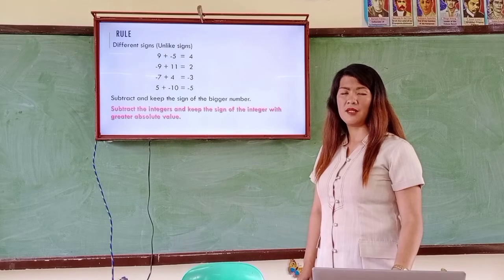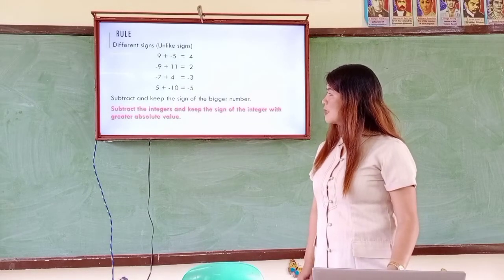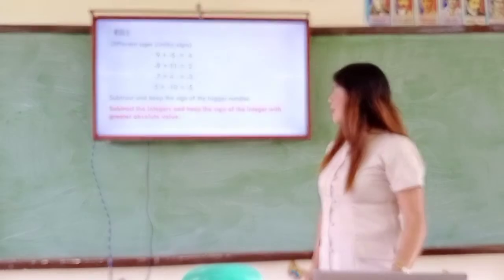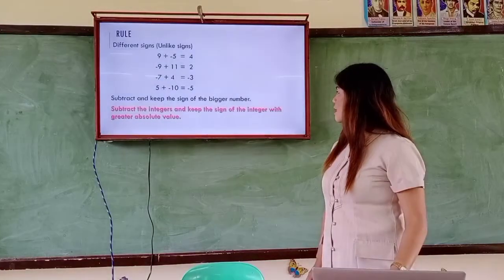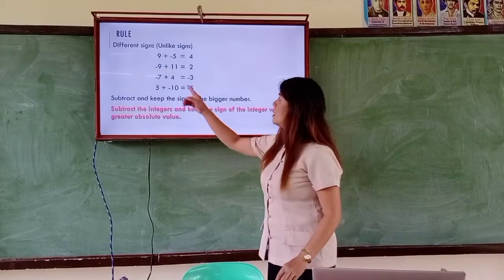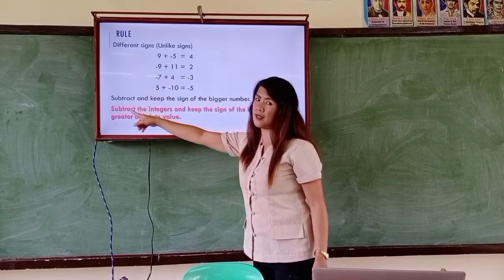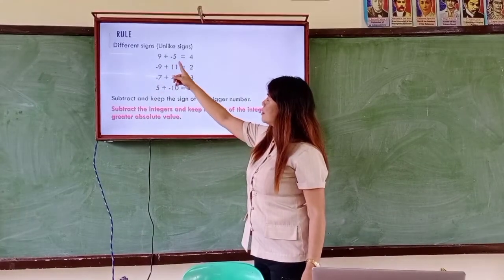When you add integers with different signs, subtract the integers and keep the sign of the integer with the greater absolute value. So this one, they have different signs, positive and negative. So subtract. 9 minus 5 is 4.